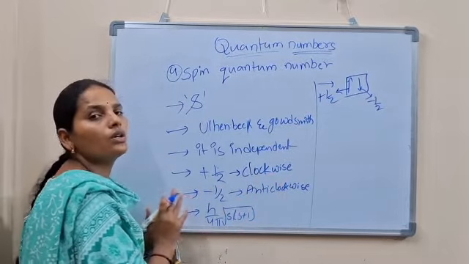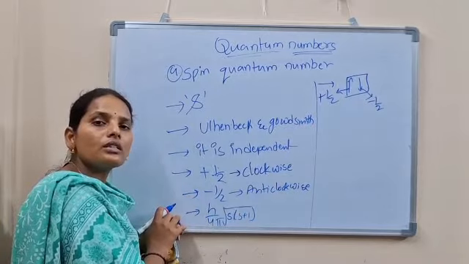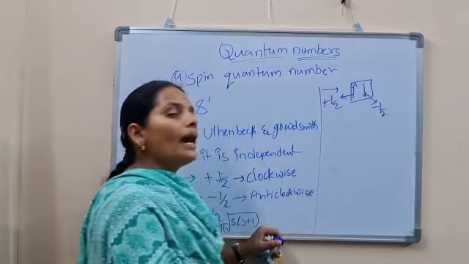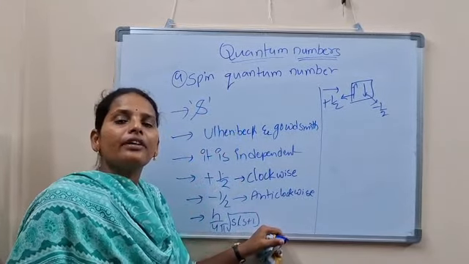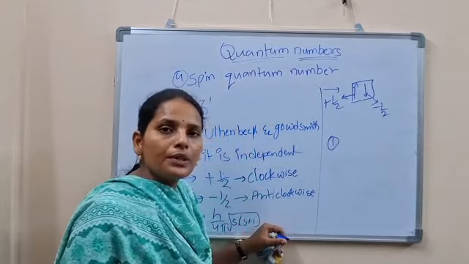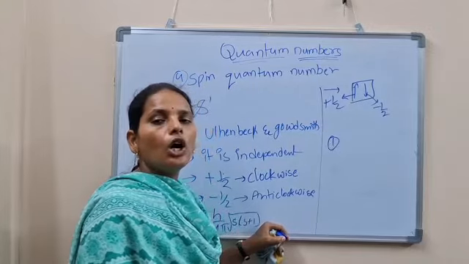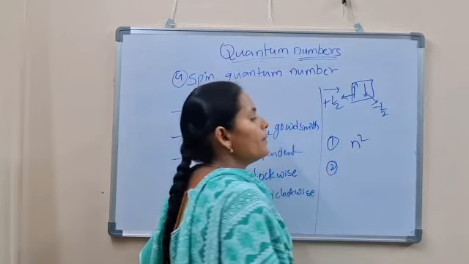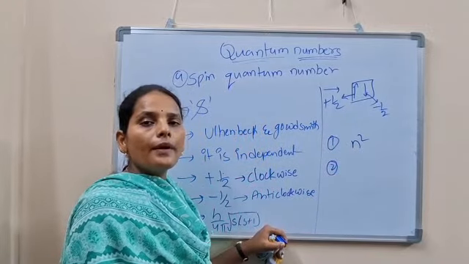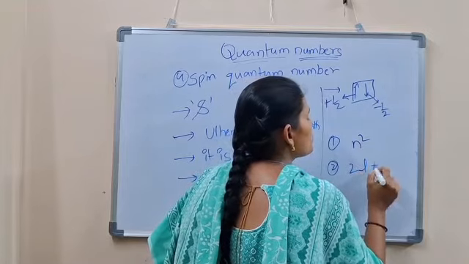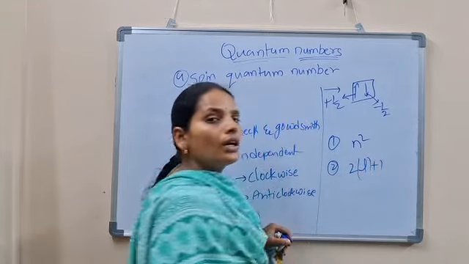Okay, by these conclusions of quantum numbers we are finding the number of subshells. By these quantum numbers we are finding that the maximum number of orbitals in a shell is n square and the maximum number of orbitals in a subshell is 2l plus 1.